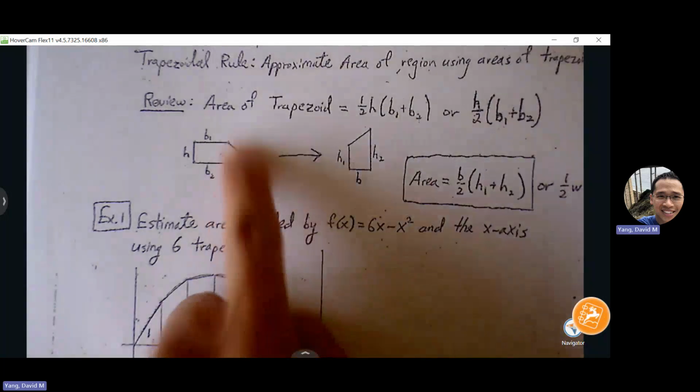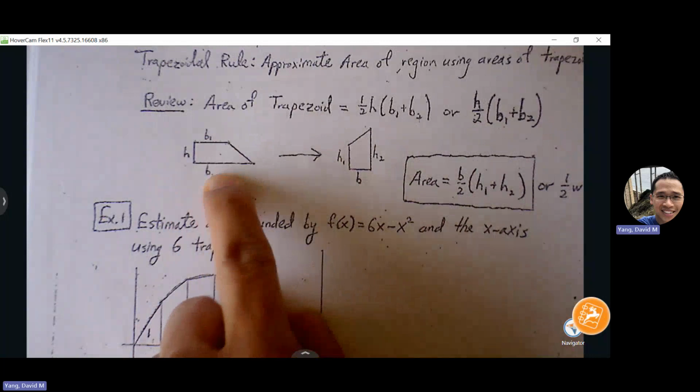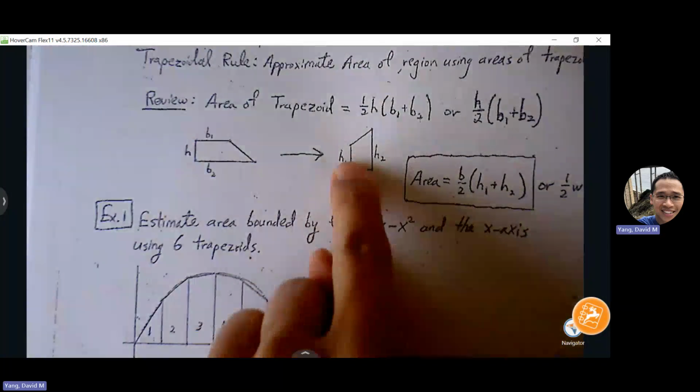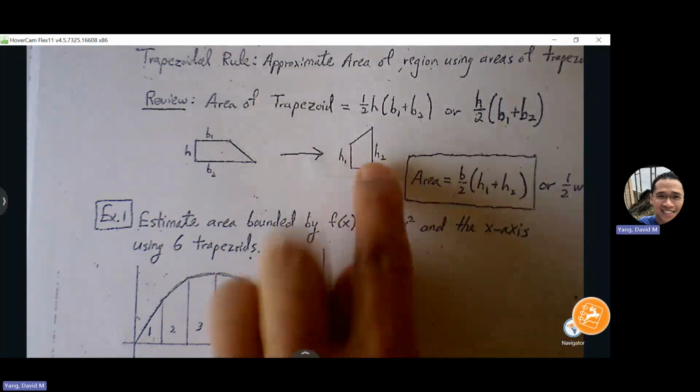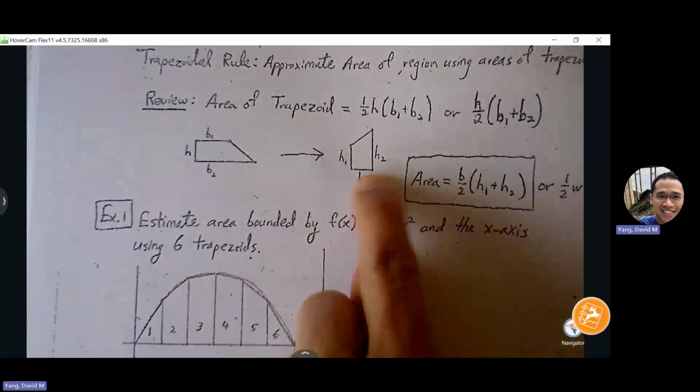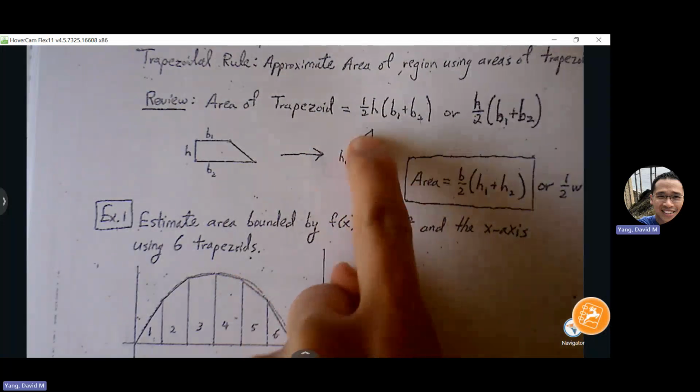Okay, but rather than that, what if we were to take this shape and flip it on the side? Okay, imagine taking that trapezoid and flip it on the side so that your vertical sides are parallel, and then your base is horizontal, and then your height or the other side here can be diagonal. Okay.